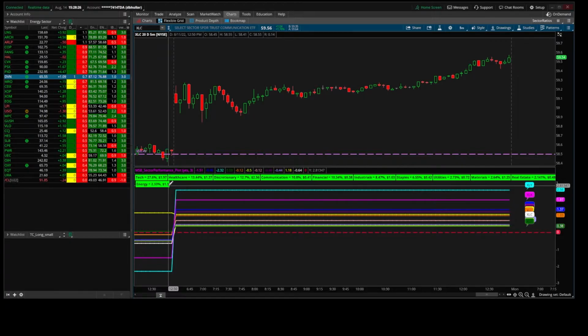Now you have a situation where energy is closer to 4% in weightage. Either way, the idea of this study was to stack rank the sectors and tell you which was the best performing sector for that particular day.